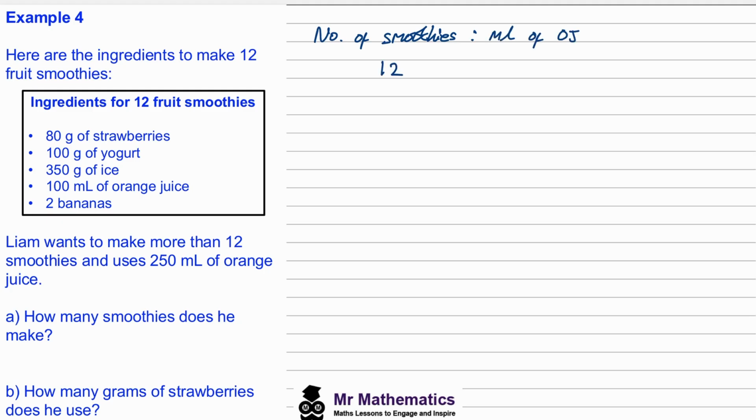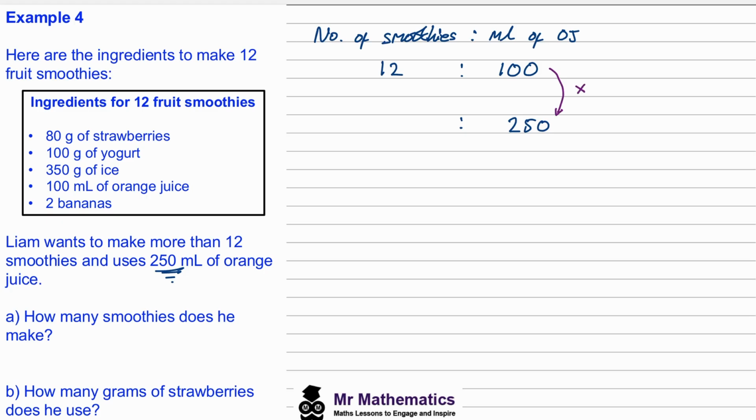And to make the 12 smoothies, we're told he needs 100 milliliters of orange juice. So this is our ratio. And if he uses 250 milliliters, well, the question then becomes, how do we scale the 100 to the 250?